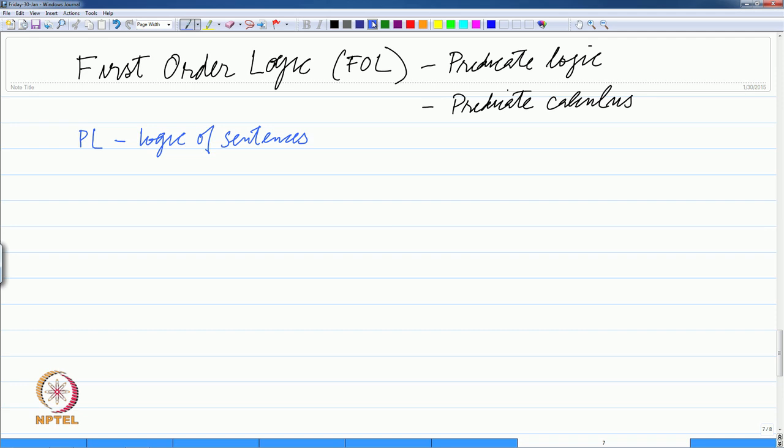Because if you remember, we started with the Socratic argument, when we said that what do we mean by logical inference, what do we mean by deduction.